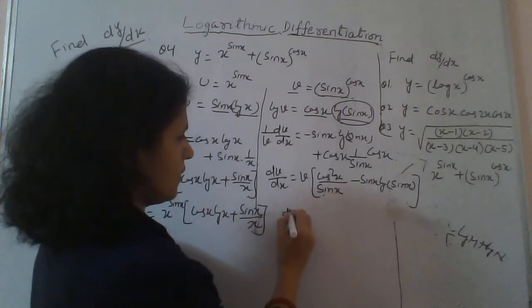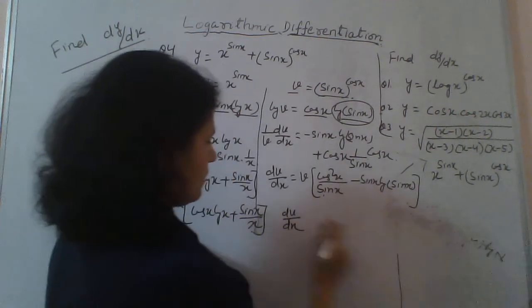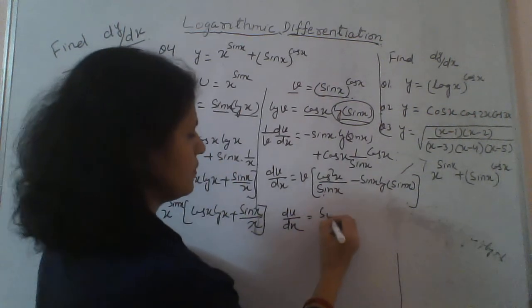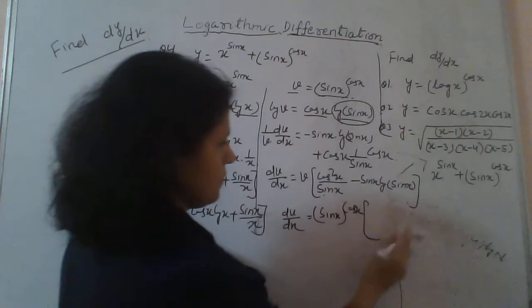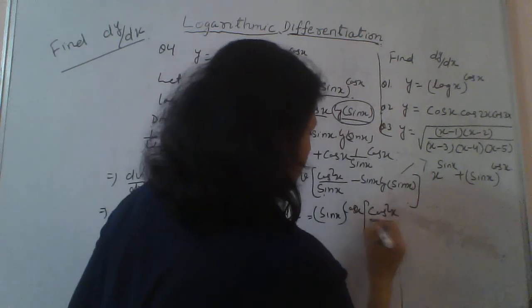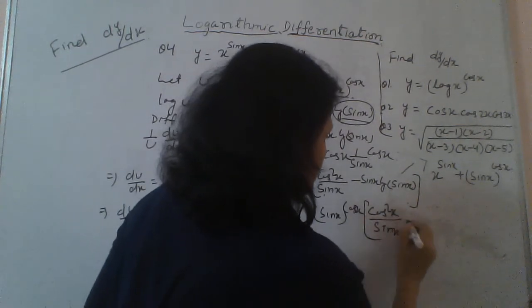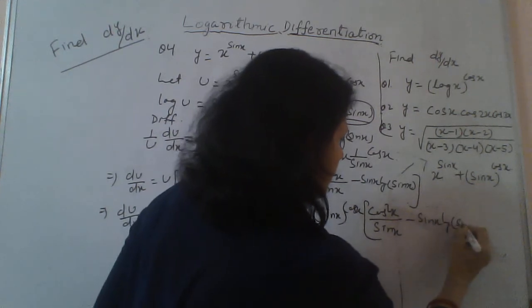So dv by dx is, v means here sin x power cos x, into cos square x by sin x minus sin x into log sin x.